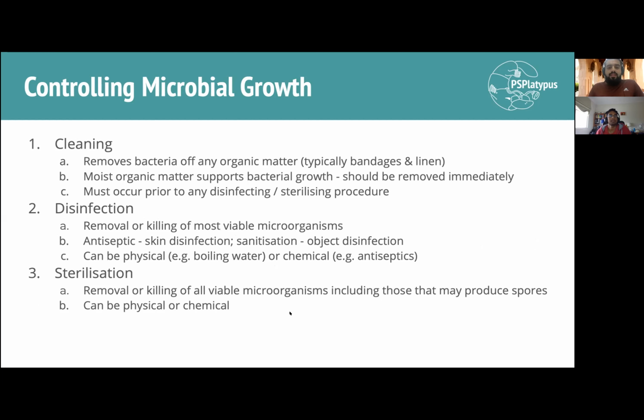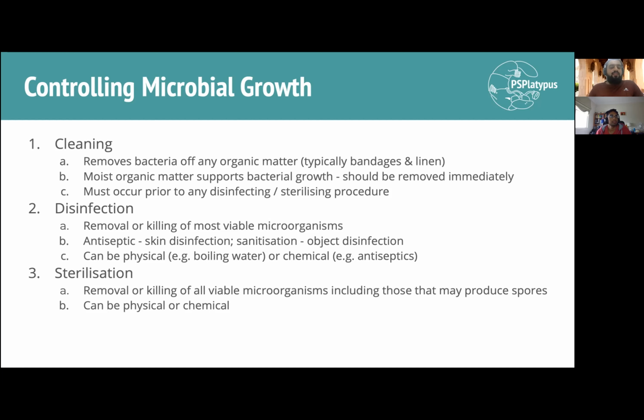Moist organic matter supports bacterial growth, like bacteria grow fast in a moist environment, so it should be removed immediately, and it must occur prior to any disinfecting or sterilizing procedure. Then you have disinfection, which is higher than cleaning. It involves the removal or killing of most viable microorganisms.